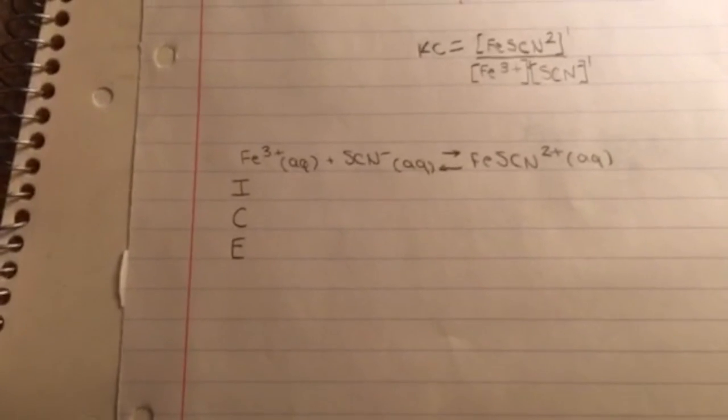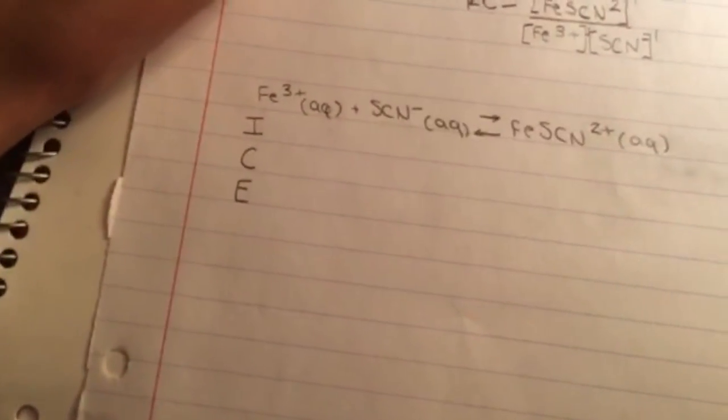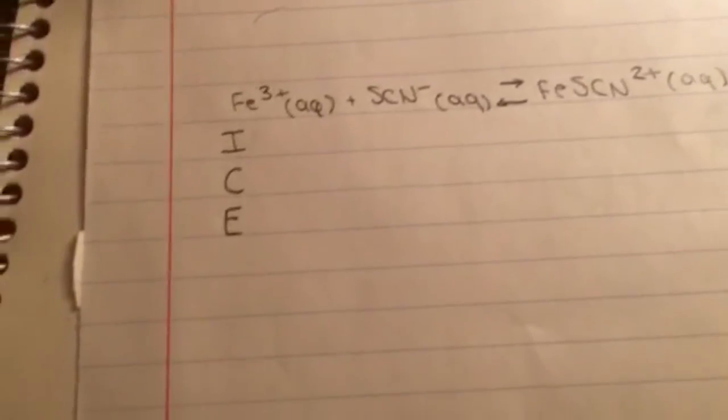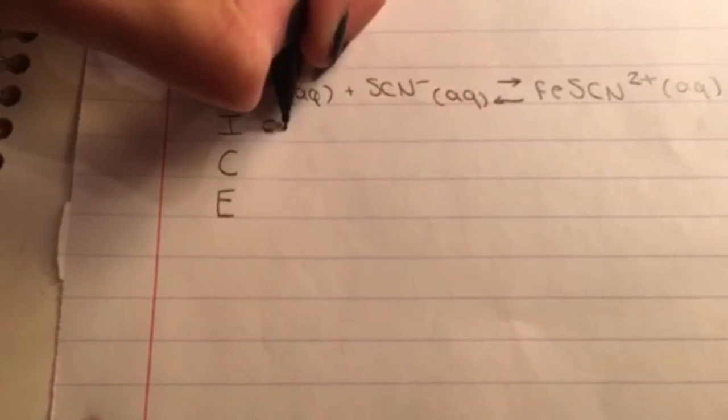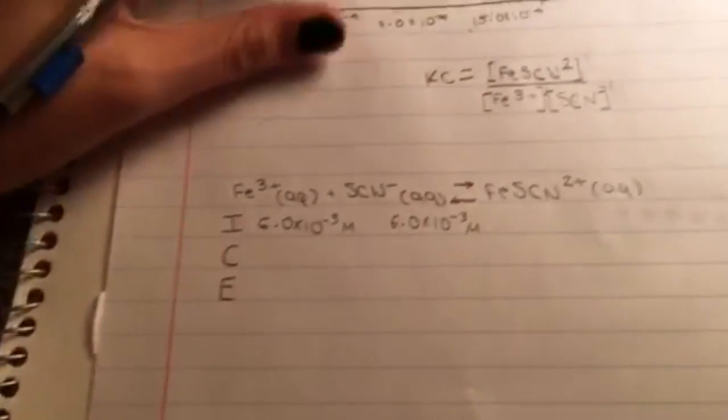For this one we have to make an ICE chart, which is pretty simple because right off the bat they give us the initial values of Fe and SCN, which is written in the problem as 6.0 times 10 to the negative third. So I'm just going to put those there. Initially we don't have any FeSCN, because they don't say that we have it, so it's 0.